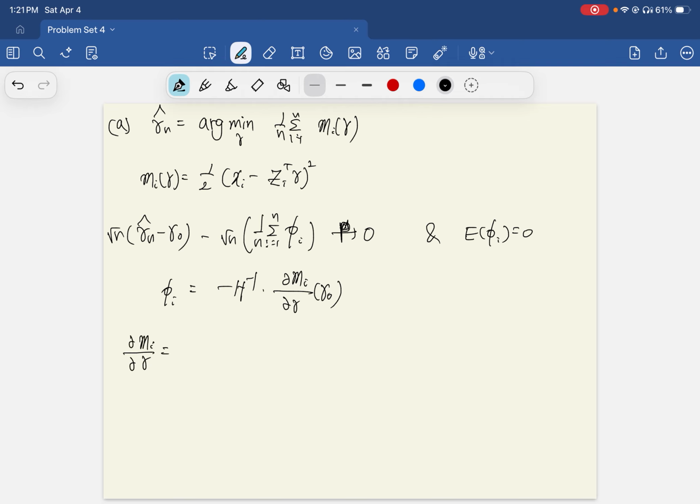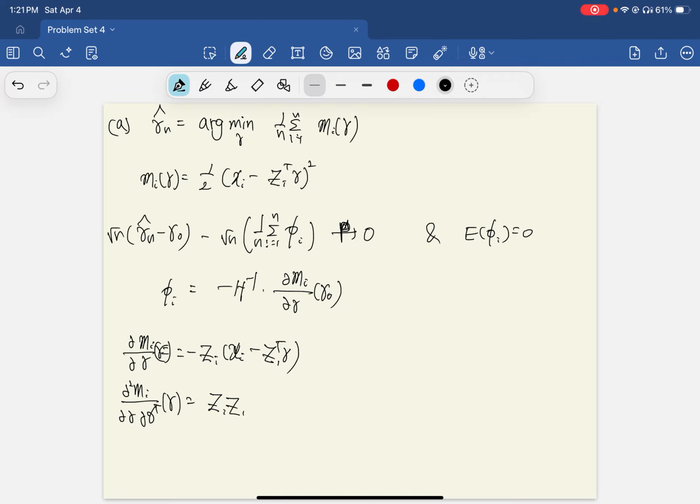Let me do the differentiation. The first order derivative is simple: zi times (xi minus zi transpose gamma). And the second order derivative is minus zi zi transpose.